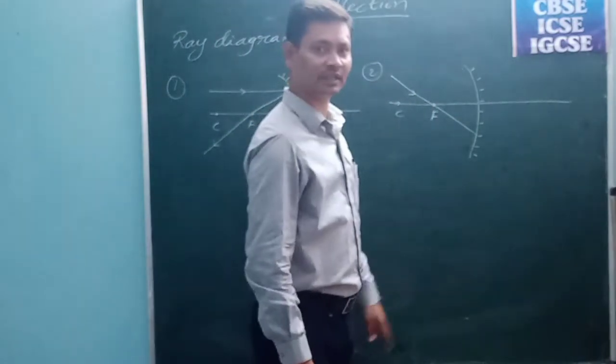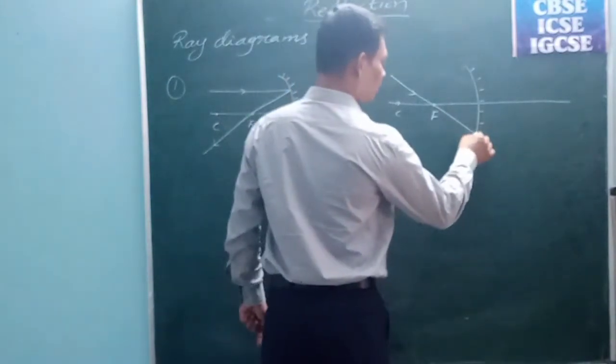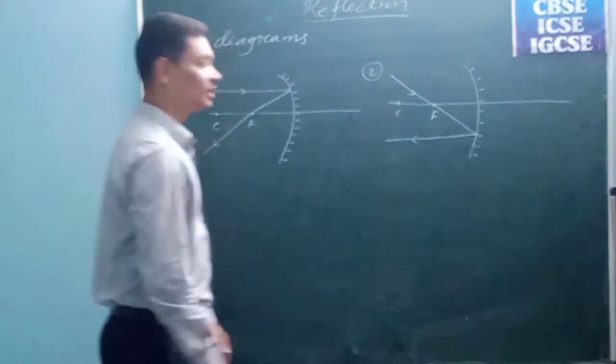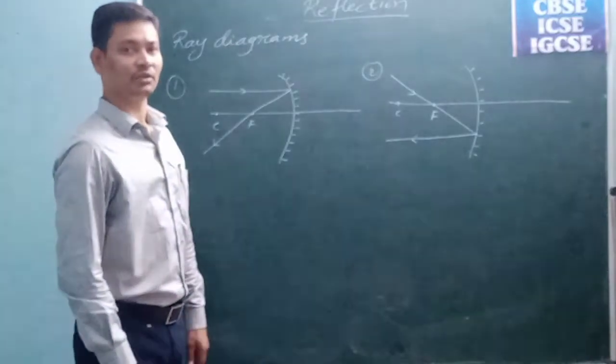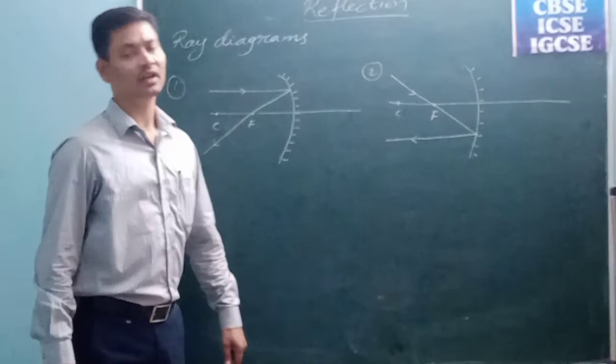Here the incident ray is passing through the focus point, then the reflected ray will become parallel to the principal axis. The reflected ray will become parallel to the principal axis. That is the second rule for drawing ray diagrams.